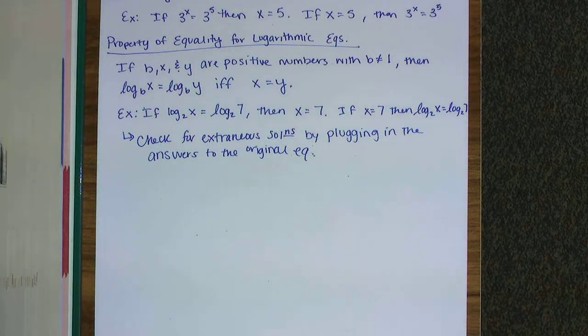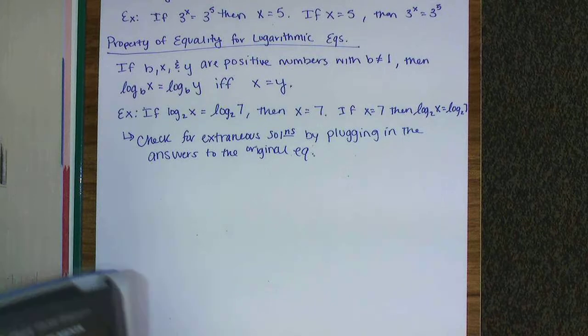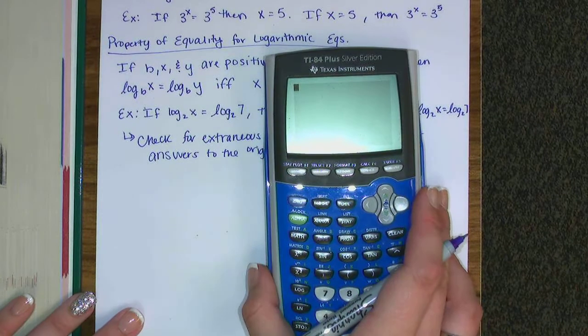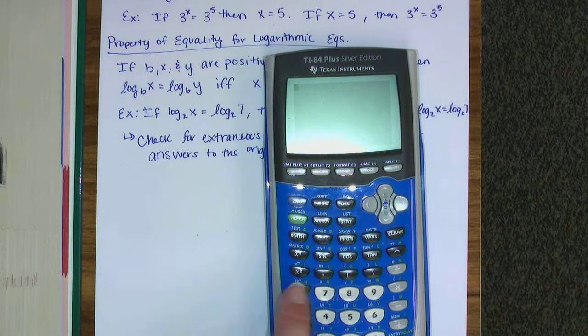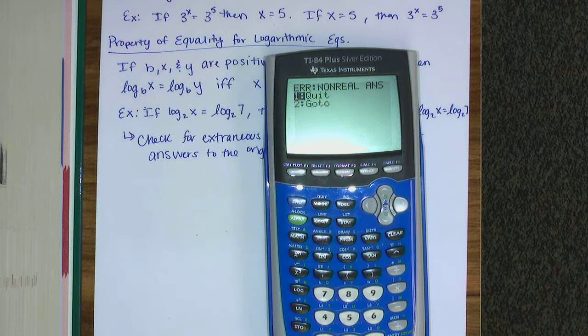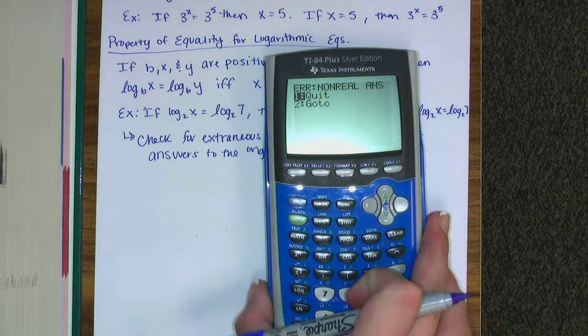Now, I will tell you one thing that should be an automatic clue. The log of a negative number is a non-real answer. So we cannot have the log of a negative number.